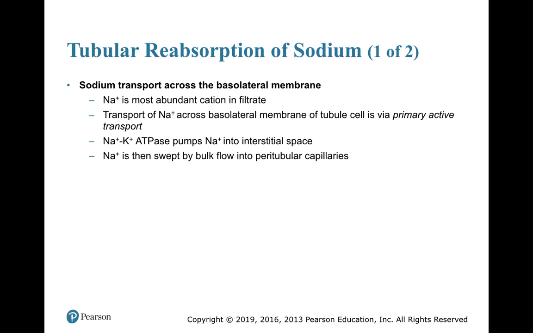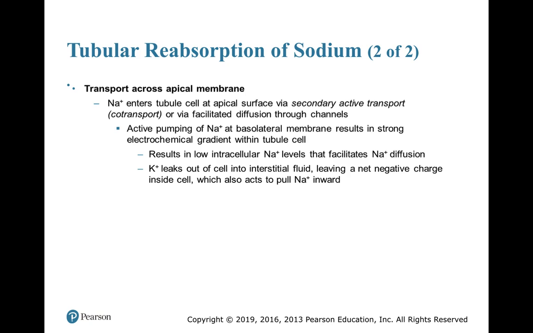Sodium transport across the basolateral membrane. Sodium is the most abundant cation in the filtrate, and transport of sodium across the basolateral membrane of the tubule cells is primarily through active transport using the sodium-potassium ATPase pump to put sodium into the interstitial space, and then sodium can be swept back by bulk flow into the peritubular capillaries.